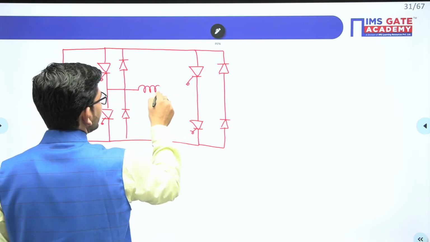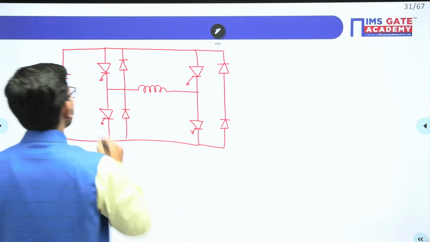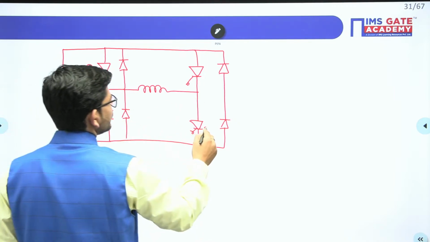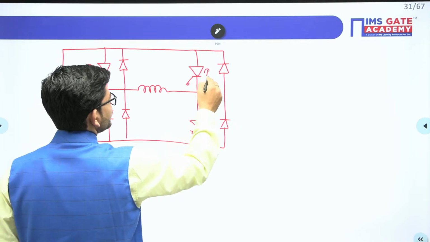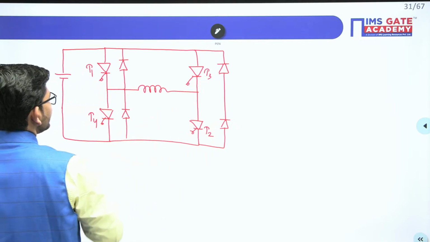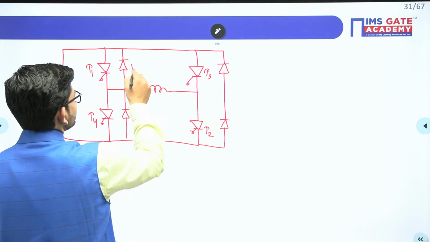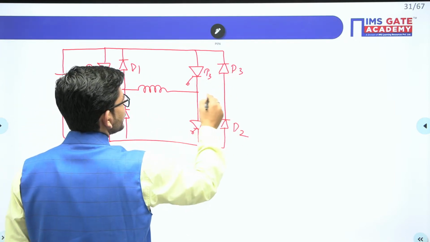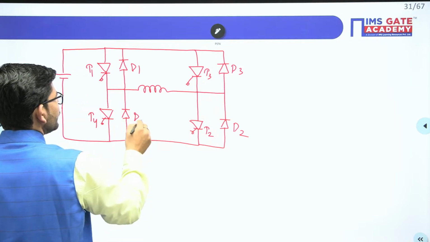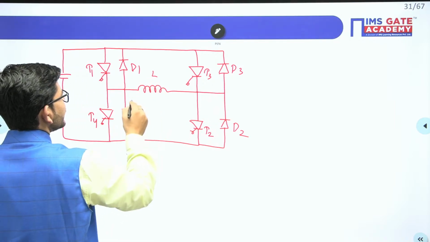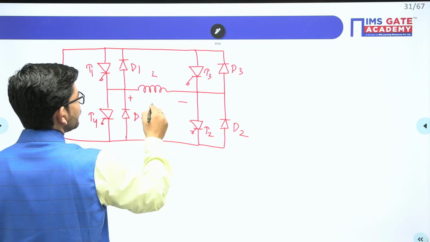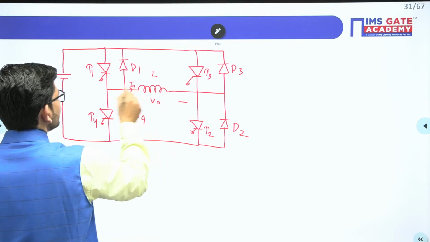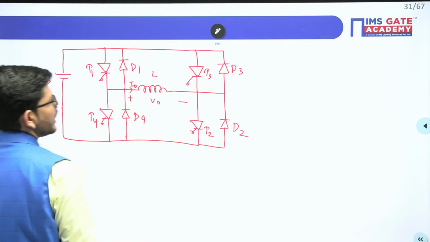It is feeding a highly inductive load. If this is T1, T2, T3 and T4, and this is D1, D2, D3 and D4. Here we will get V0 and I0. This is Vs that we have.